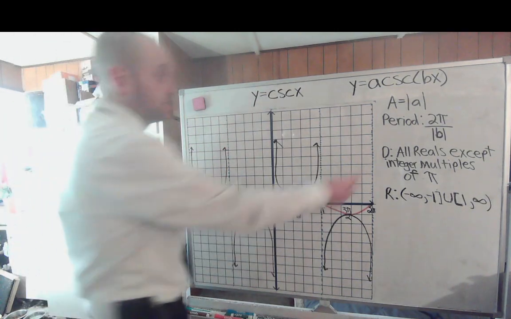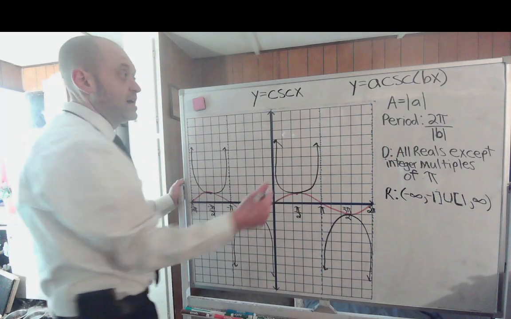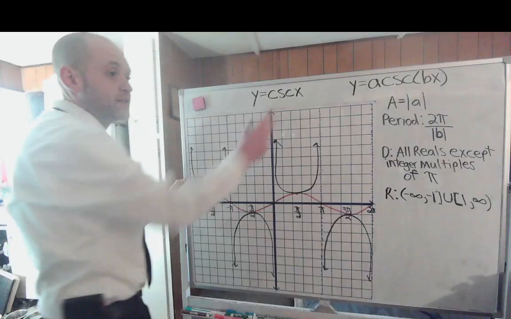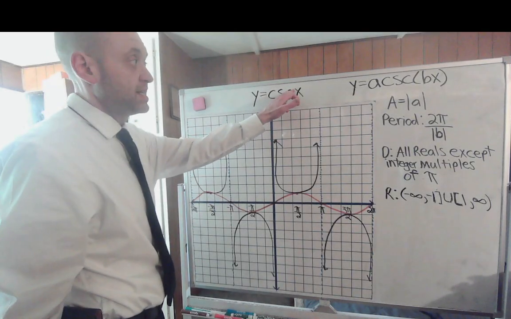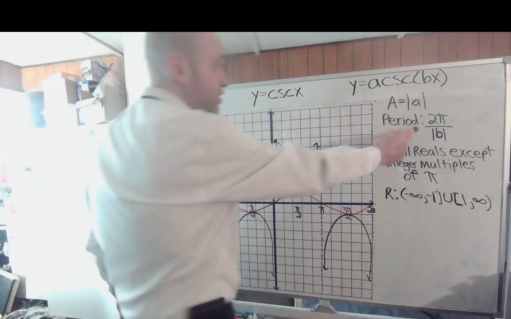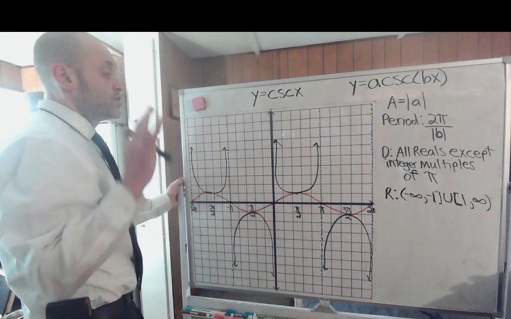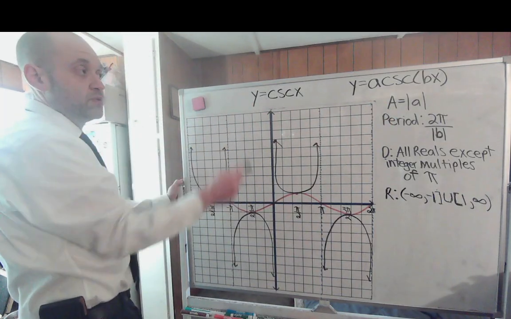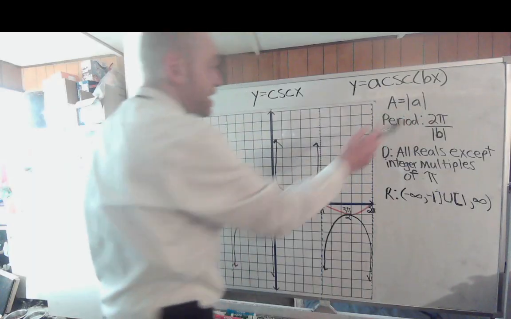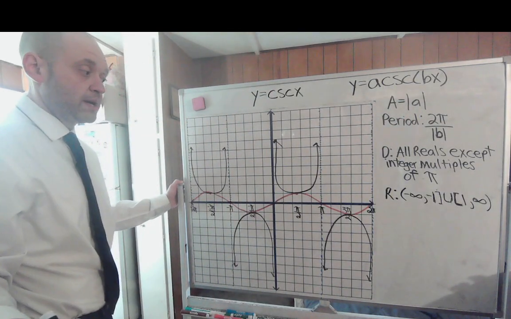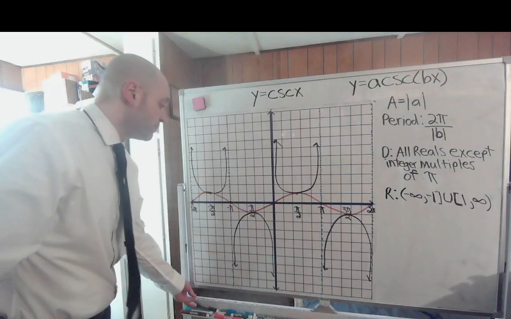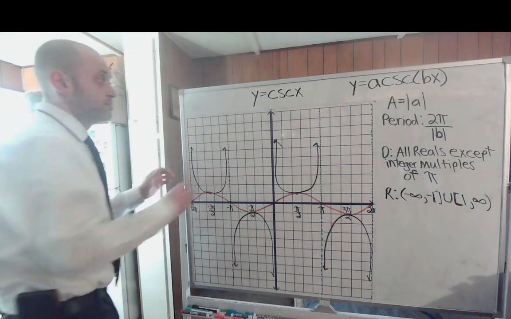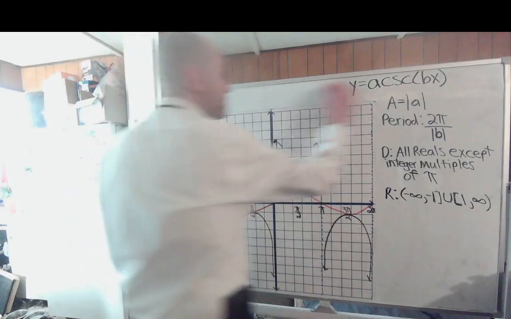And your period is still the same: 2 pi divided by the absolute value of b. In this case, your b is 1 because that's the coefficient on the x, so you'd have a period of 2 pi. Your amplitude is the absolute value of the coefficient on the cosecant, so that would be the absolute value of a. Alright, so I think we're ready to do some examples here.